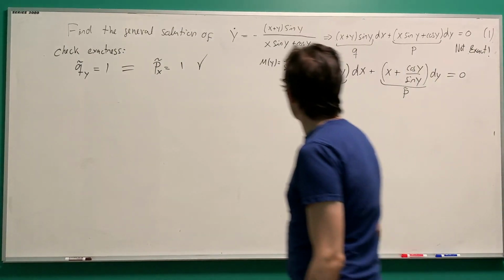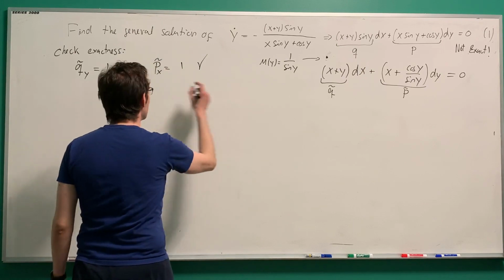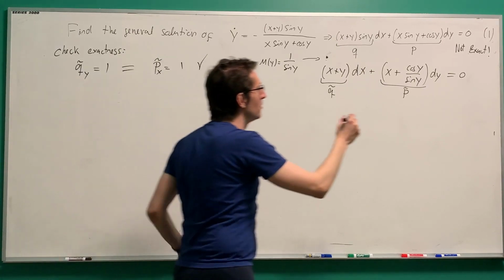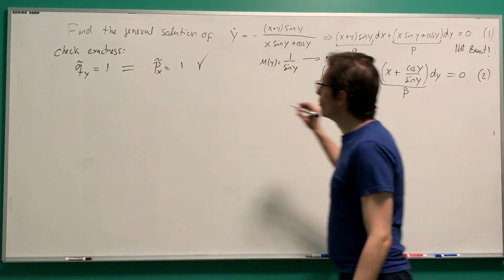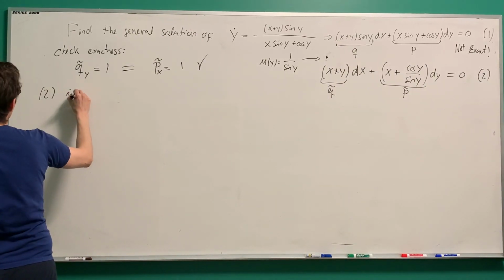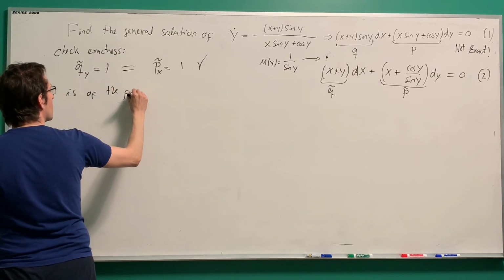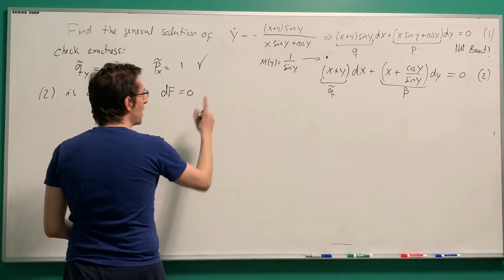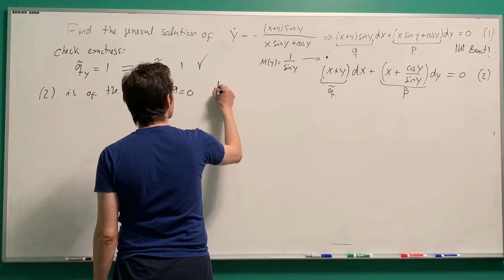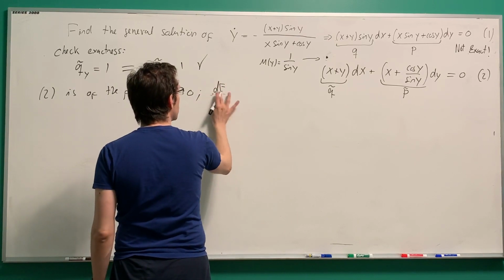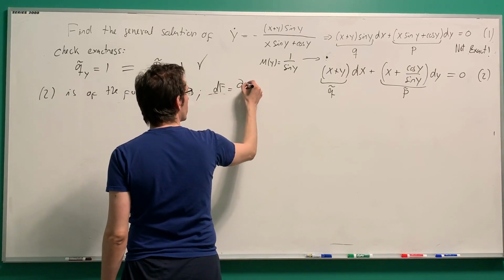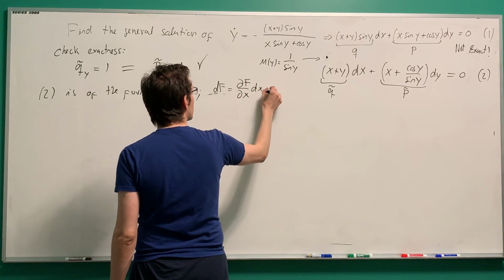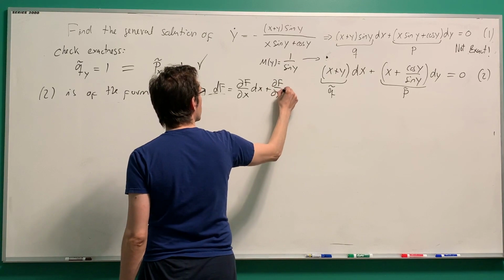Wonderful, let's solve it. How do we solve it? Because it's an exact equation, now we know that this equation, let's call it 2, is of the form df equals 0. So this is the differential of a function. And we know that df is the partial of f with respect to x dx plus the partial of f with respect to y dy.